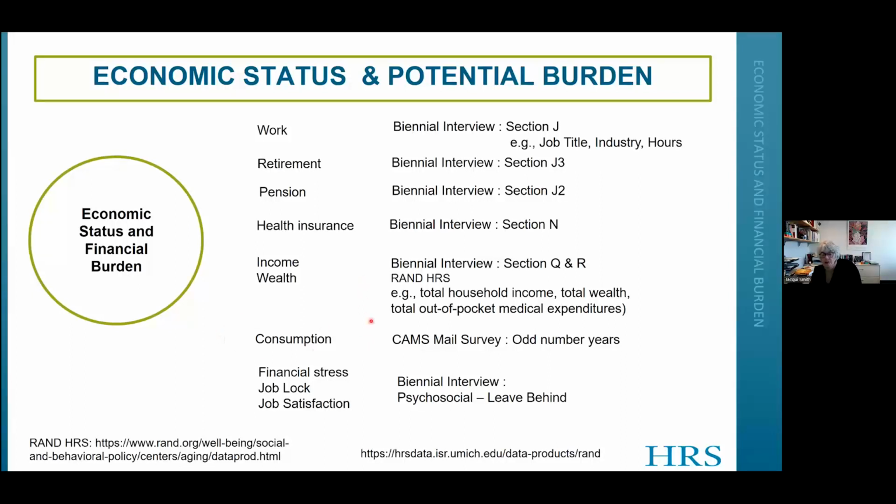In addition, RAND is sort of responsible for a mail survey called CAMS, Consumption Activity Mail Survey, that goes out in the odd years. It goes out every October, every 2 years, and that's like, what do you spend your money on, basically.